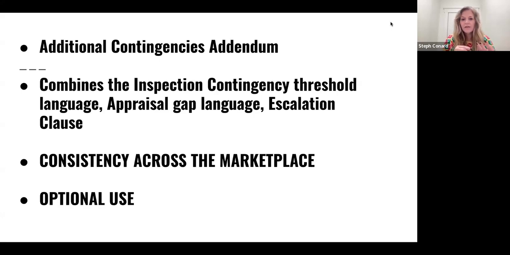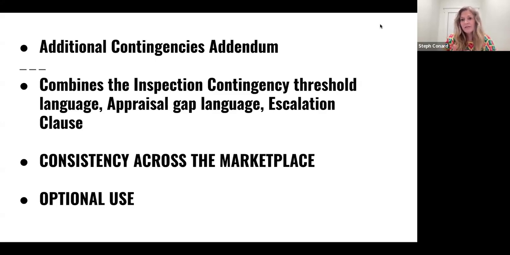You can think of this as your standard contingencies, but expanded upon to make them more seller friendly. Some listings were receiving more than 20 offers, so a buyer really needed to stand out in terms of making their offer the most competitive, most attractive to the seller.